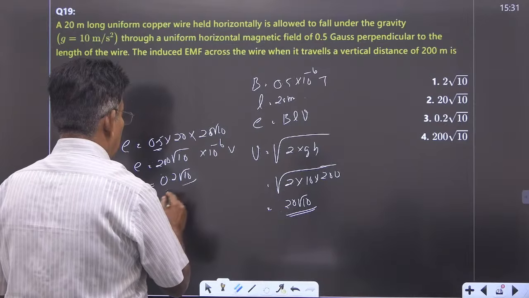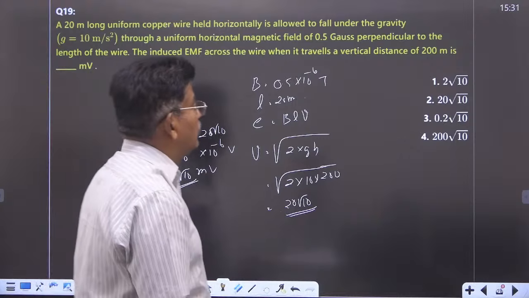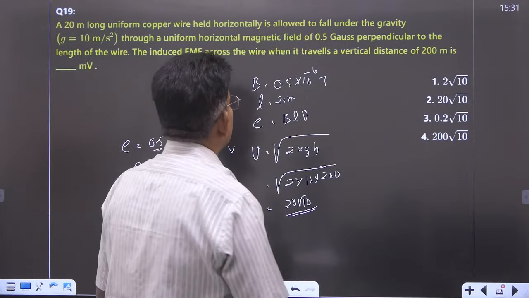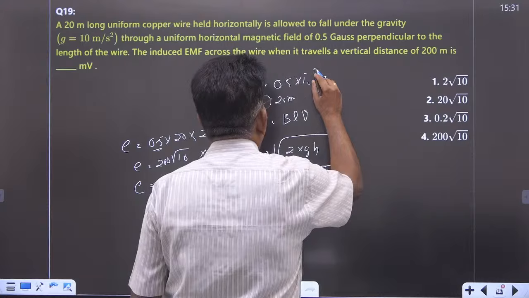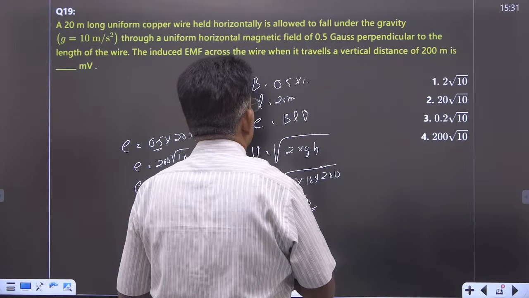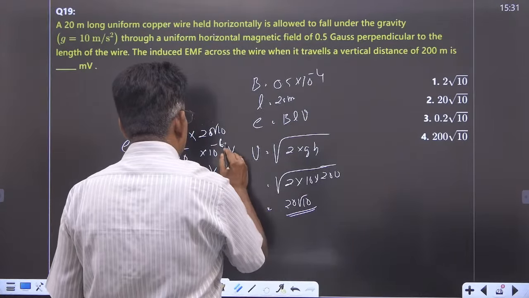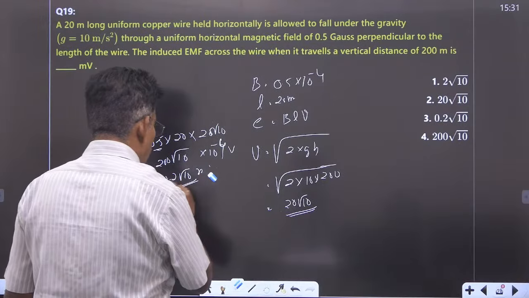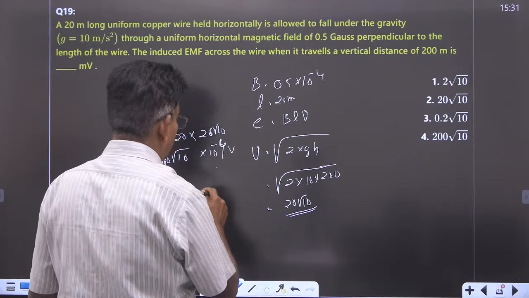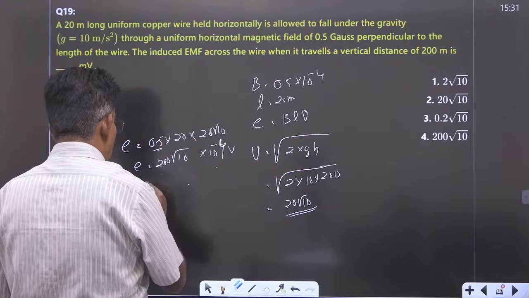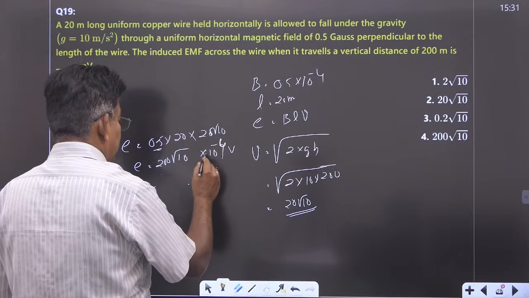So your answer is coming to be 200 root 10 into 10 to the power of minus 4 volt. To convert to millivolt, multiply with 1,000, so into 10.